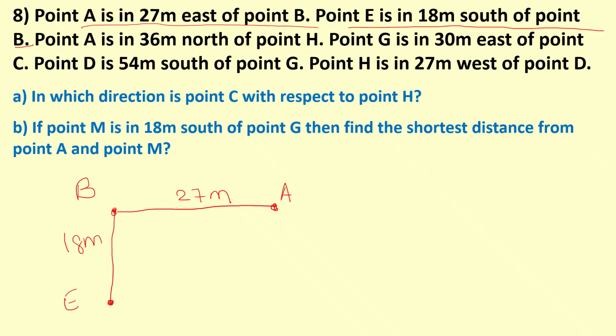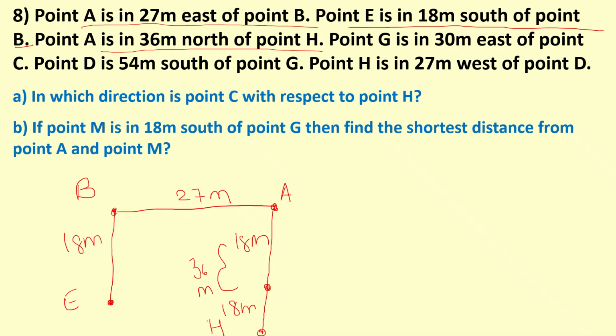Next, point A is 36 meter north of point H. So 36 meter means if I consider this as 18 meter, rest 18 meter will make total 36 meter. So here is point H. Okay, just a minute, I'll place H here.